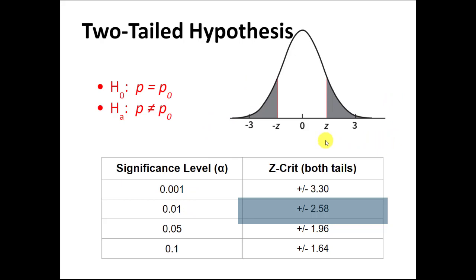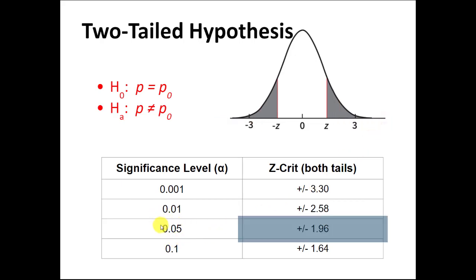In this situation, you would mark your negative Z-crit at negative 2.58 and your positive Z-crit at positive 2.58 because they're symmetrical, right? So in this case, your area of rejection would be anything that's less than negative 2.58 or anything that's more than positive 2.58.